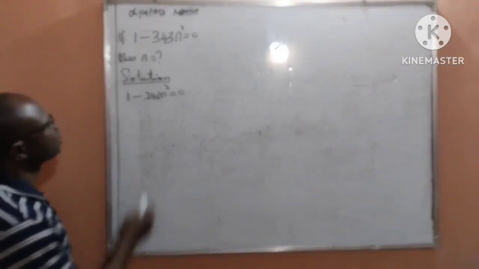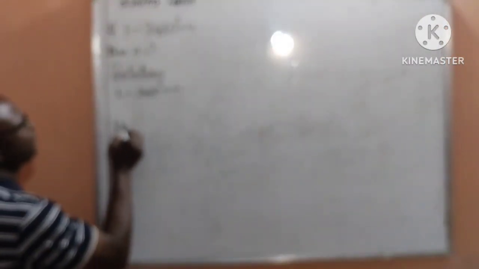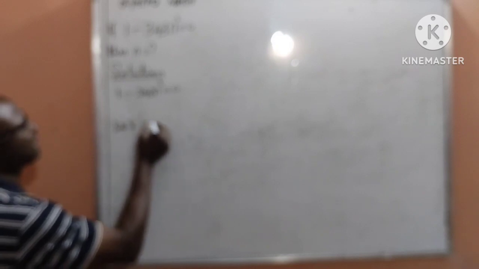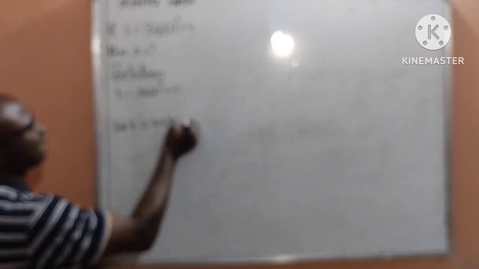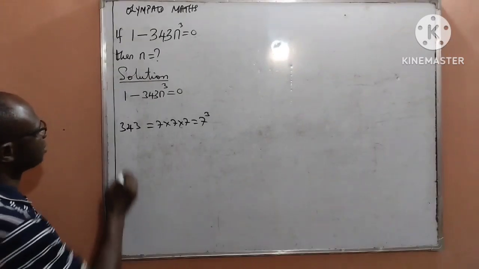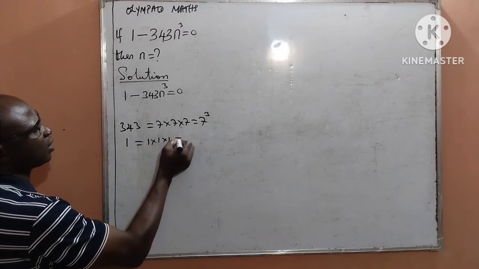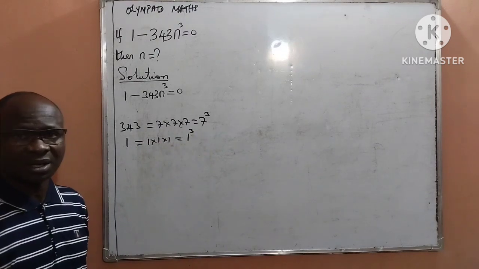Now, to start with, I want you to see that 343 is the same thing as 7 multiplied by 7 multiplied by 7, which is 7 raised to the power 3. Also, 1 is the same thing as 1 raised to the power 3.